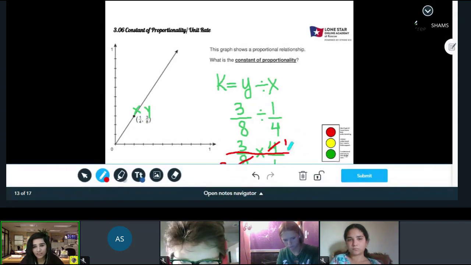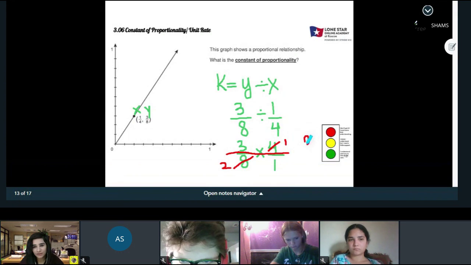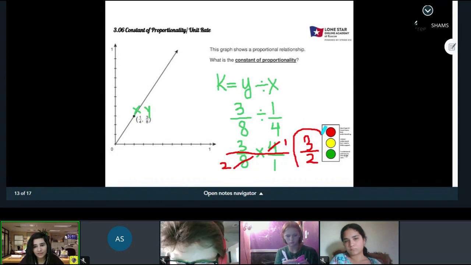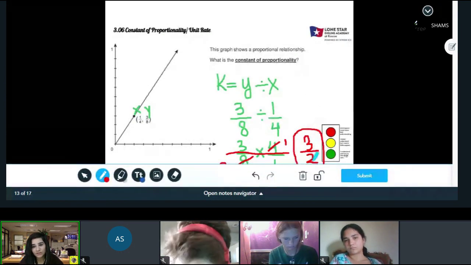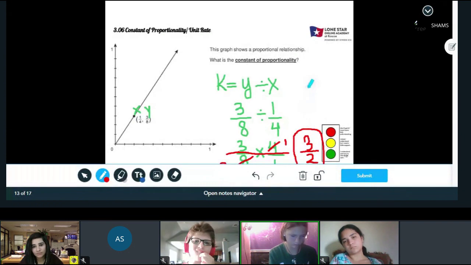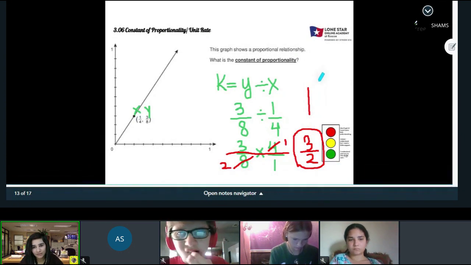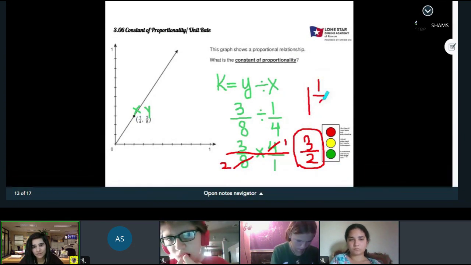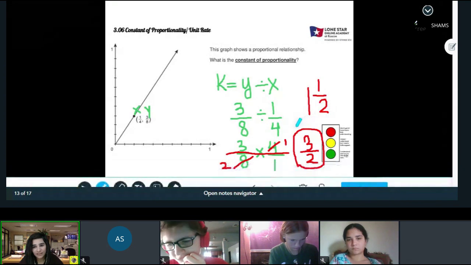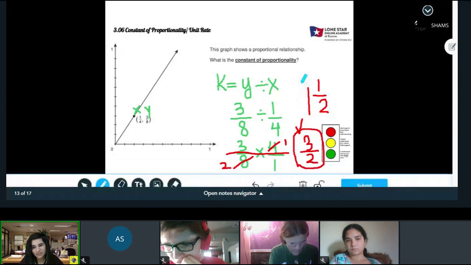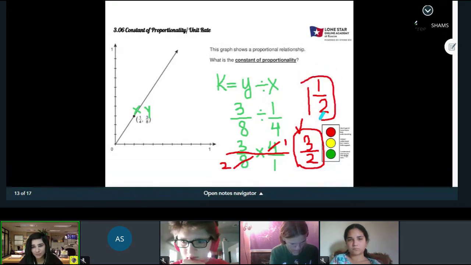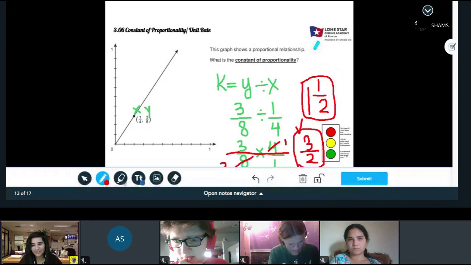Now 3 times 1 is 3, and 2 times 1 is 2. Or if you want to change it, how many 2s go into 3? 1, with a remainder of 1. But in algebra, the assignment has answers that are improper fractions. This is how algebra works. Only in algebra, okay? Where you see x and y, that is algebra.